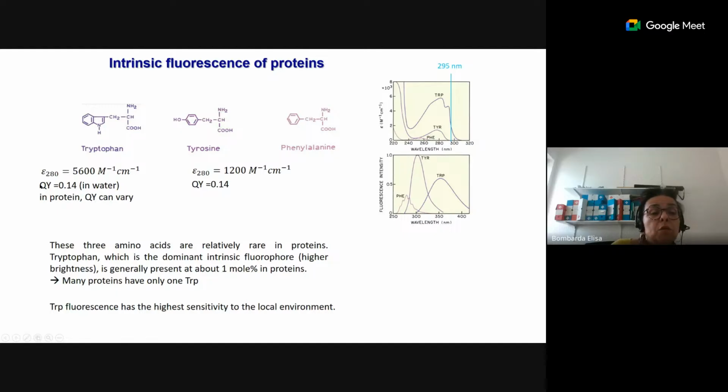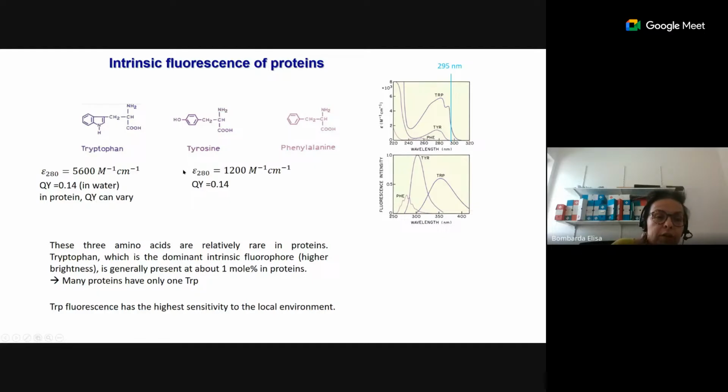As you see, the quantum yield of tryptophan and tyrosine is similar, but the tryptophan has a higher extinction coefficient. Phenylalanine is left a little bit aside because, as you see, the quantum yield is so low that it is not really very much used. But it's important to know that it exists, and in some applications it can also be used, but it is not the most common.